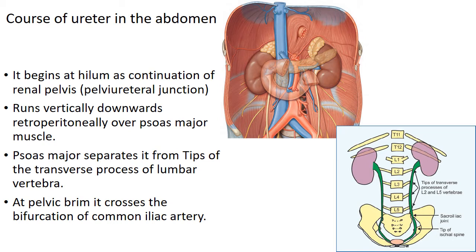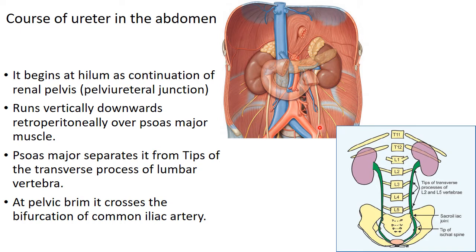Now the course of the ureter in the abdomen. As we all know, the ureter begins as the continuation of the renal pelvis at the pelvi-ureteral junction. It runs vertically downwards. See, the course is almost vertical downwards on the psoas major muscle.